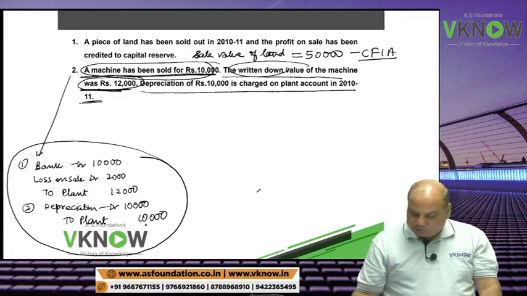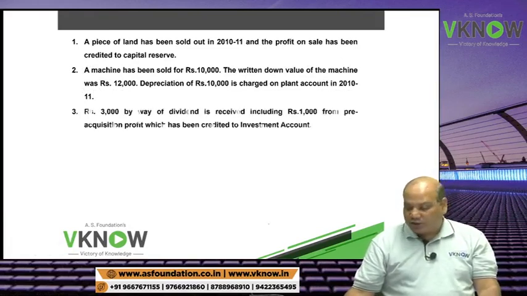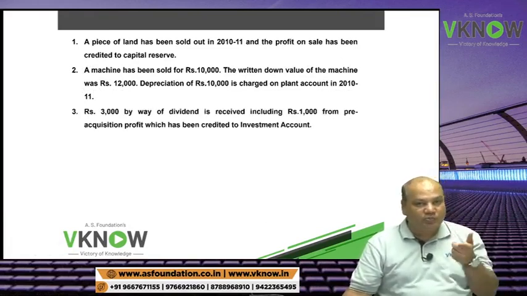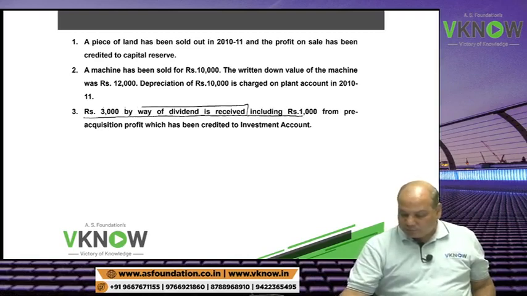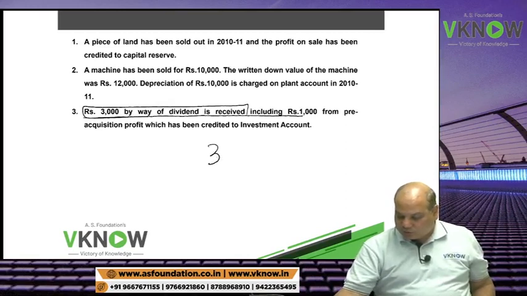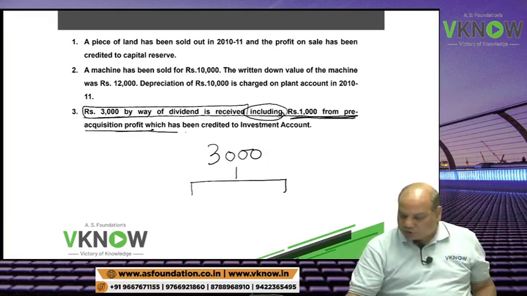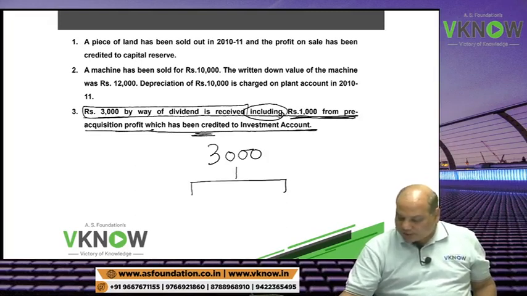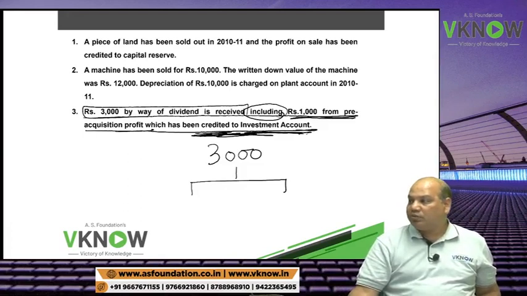Point number 3. Interested students will write down the entries which I am writing for explanation purposes. Point number 3, rupees 3,000 by way of dividend is received, including rupees 1,000 from pre-acquisition profit, which has been credited to investment account.